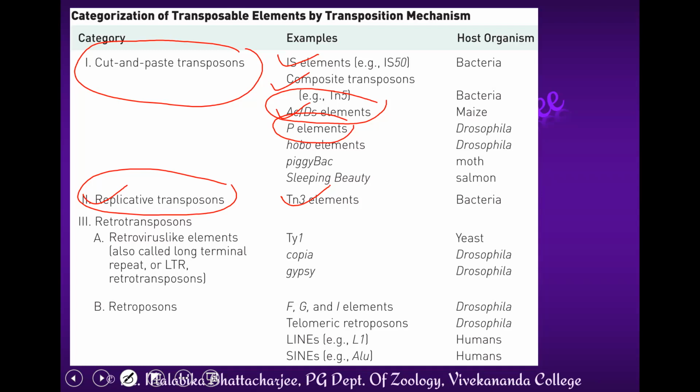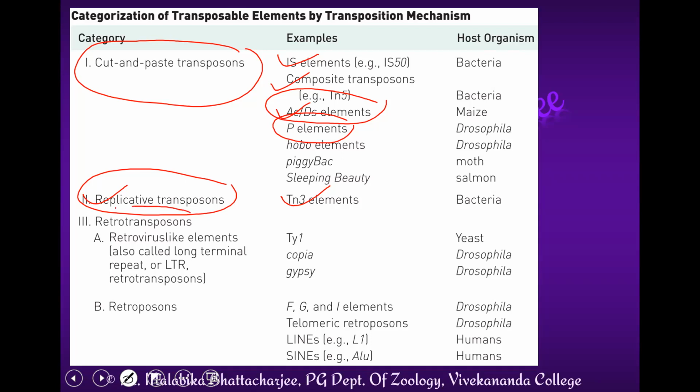Here, stretches of DNA do not simply come out of the chromosome and move. Stretches of DNA, which are considered as retrotransposons, move via an RNA intermediate. How is that possible? We'll see it in the next slide.